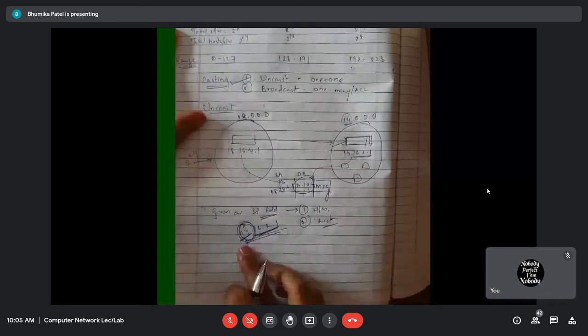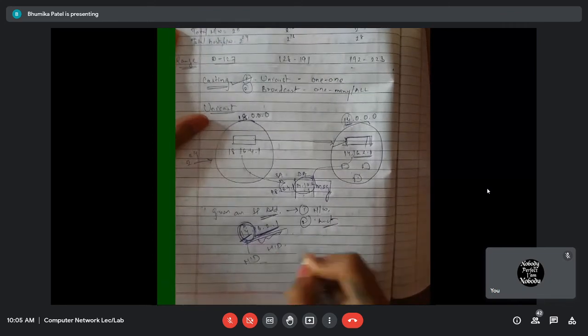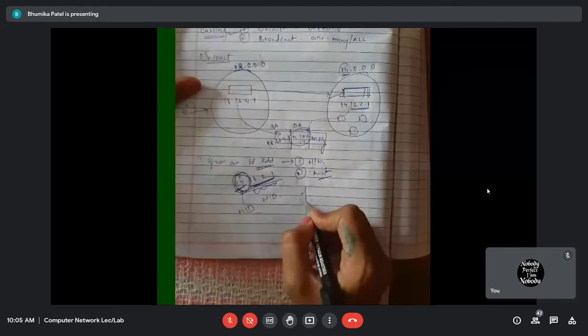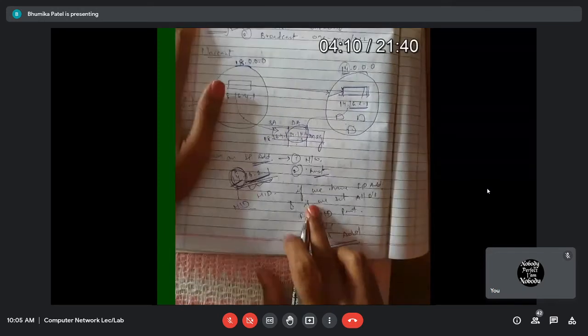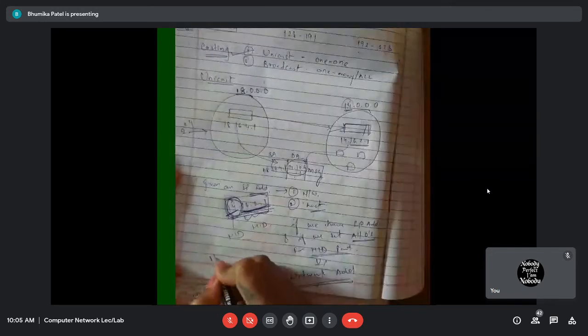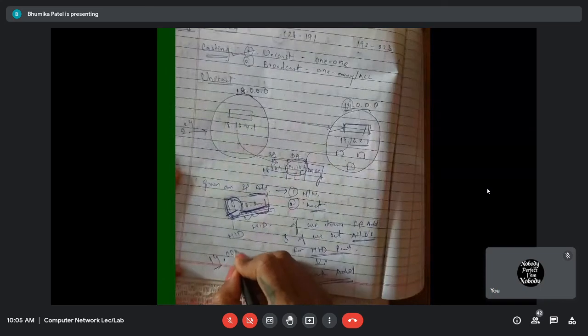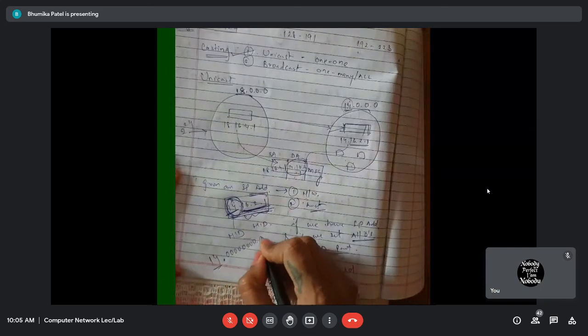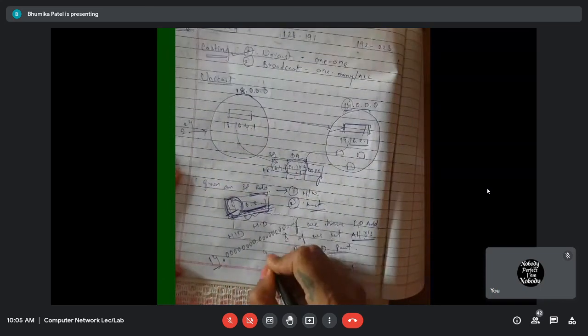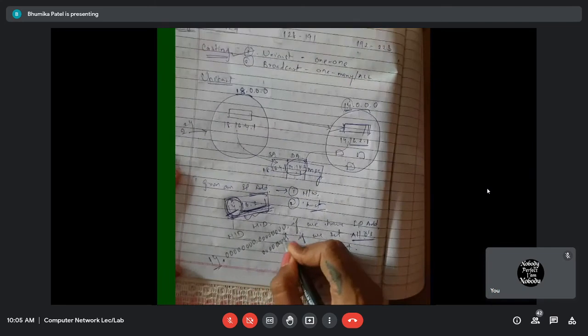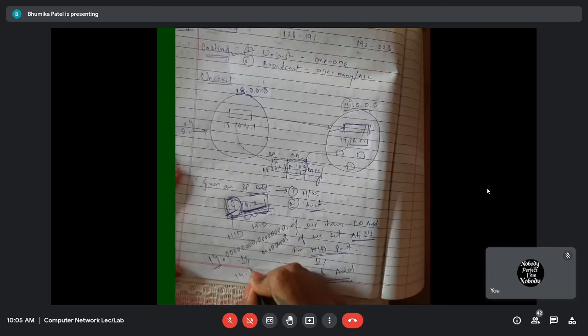See, if I convert the last 24 bits to 0, it will look like this: 14 as it is, then the remaining 24 bits 0, that means the first 8 bits 0, the next 8 bits 0, and the last 8 bits 0.